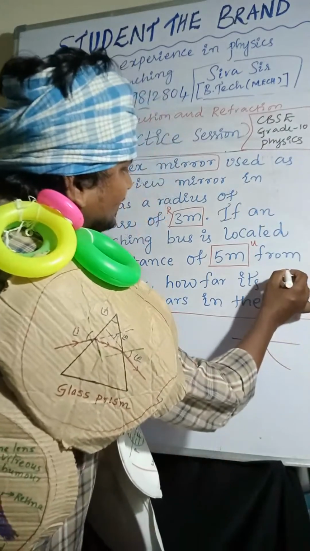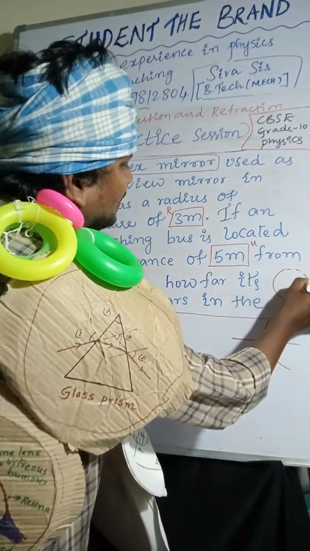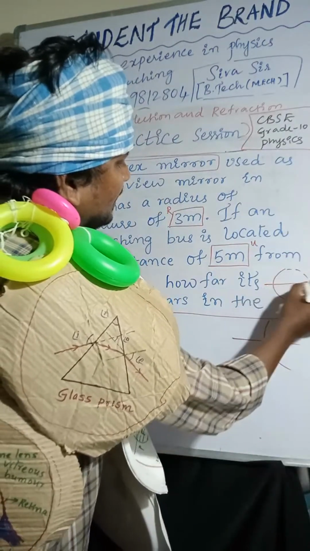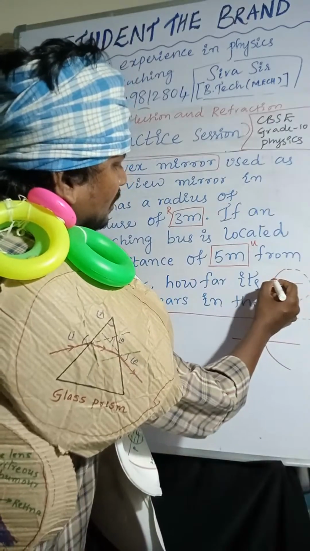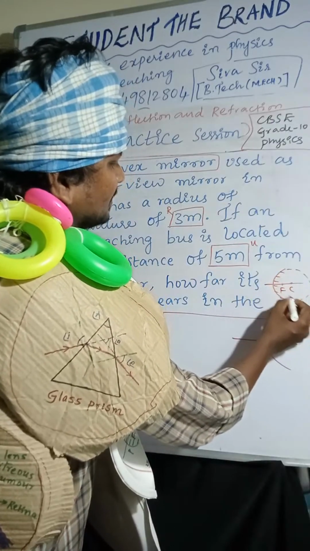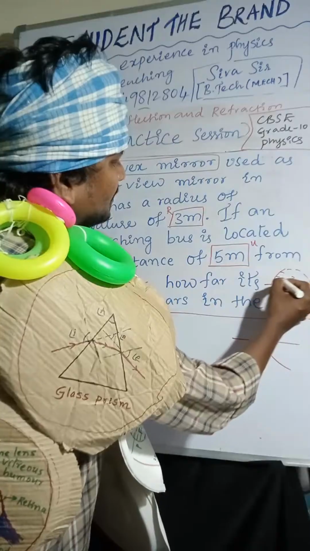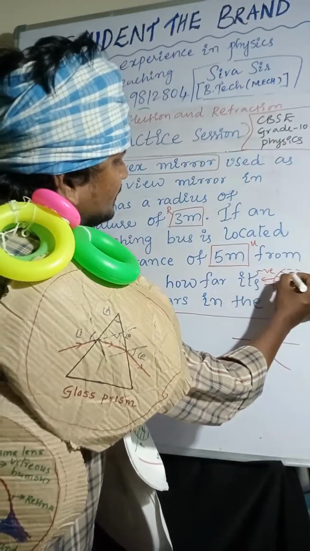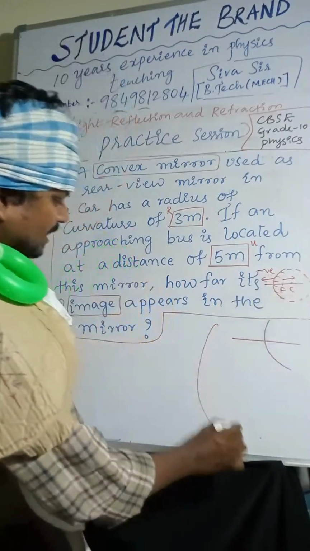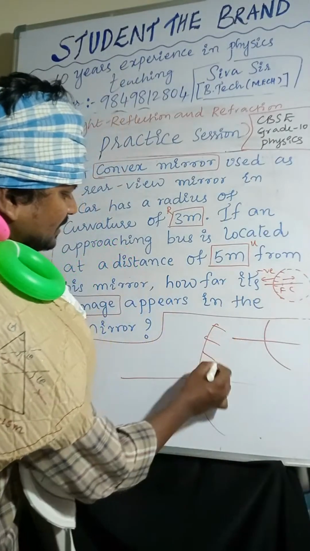If you take the mirror, it is a part of a sphere. This is the center of curvature, and this is the focus. Light rays are coming; measurements in the direction of incident rays are positive, and opposite to incident rays are negative. I am explaining sign conventions, so listen carefully.